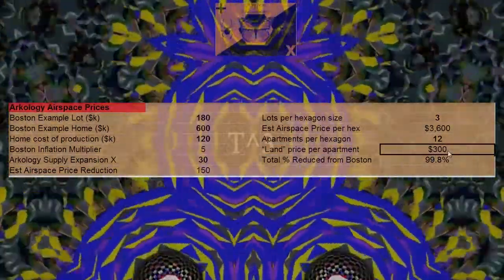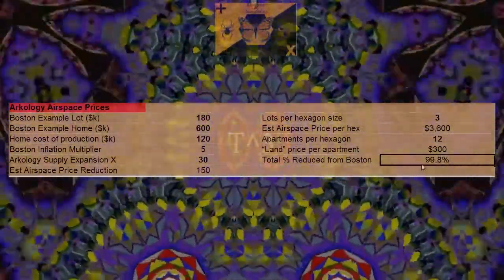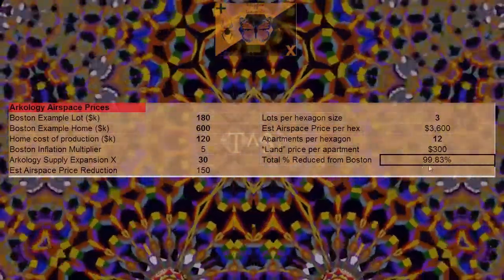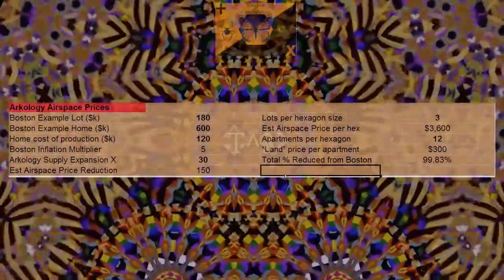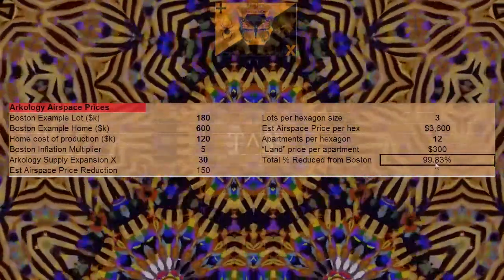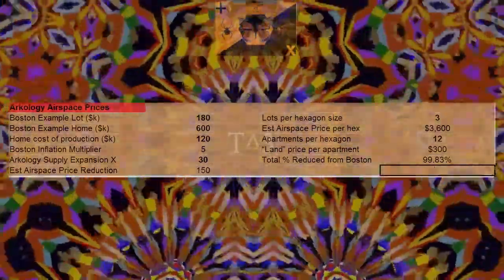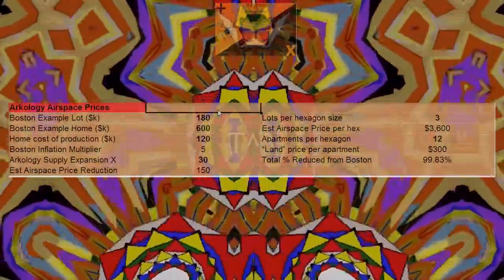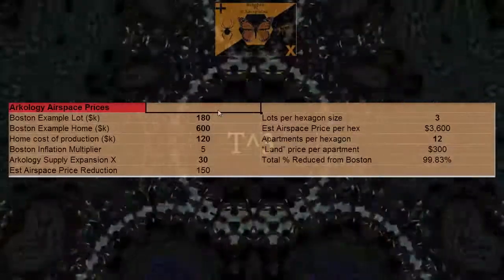Now you're down to $300 for your Arkology land cost. A 99.8% reduction from Boston. 99.83. So, yeah, I knew this was going to be like at least 97, 98, but this is incredible. That's just outrageous. Anyway, this is how you alleviate overpopulation, at least from now till long in the future.